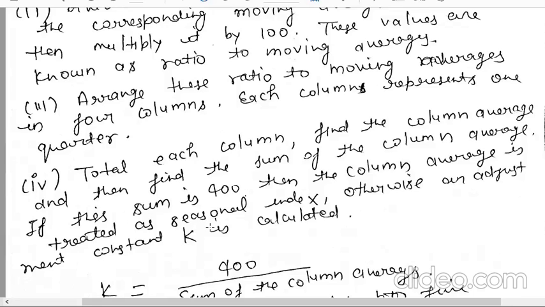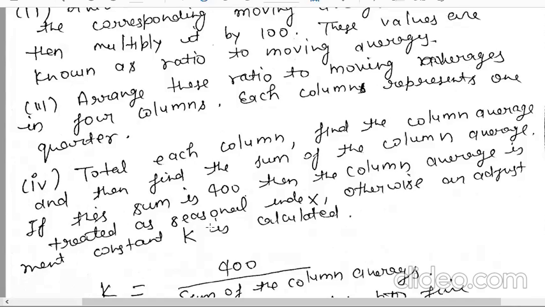k is calculated, right? So we total each column, then find the column average. If the sum is 400, then the column average is treated as the seasonal index.